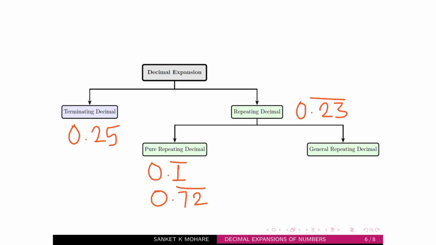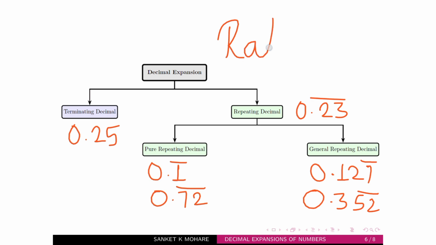General repeating decimal expansion means after the decimal there exist one or two or more non-repeated digits, and then a digit or sequence of digits starts repeating. Such examples are 0.12 bar 7, 0.352 bar. These are the types related to a rational number.